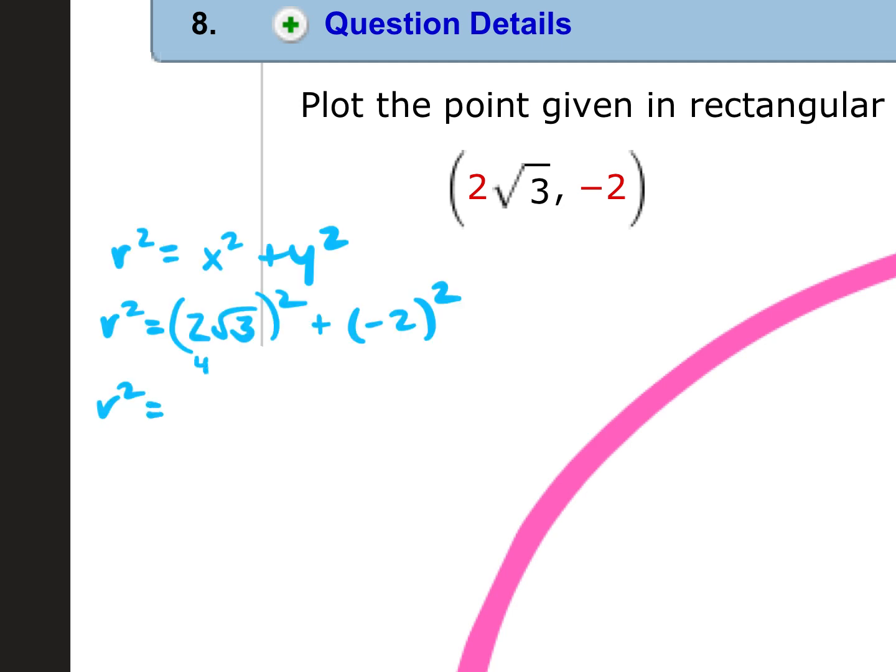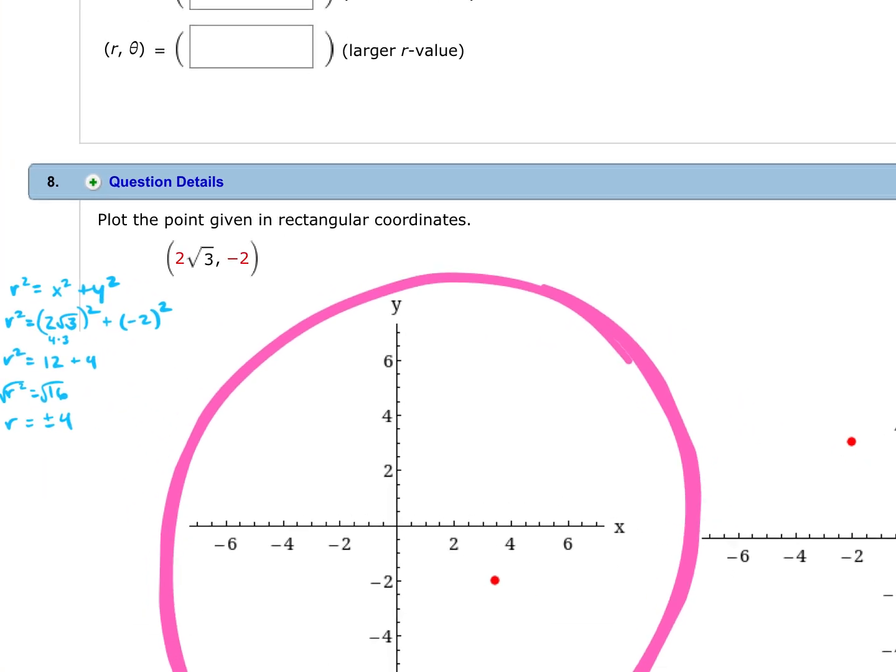So this would be 4 times 3, which is 12, plus 4. So r squared is equal to 16. So what is r? Plus or minus 4. Because we're going to come up with 2 points, let's say we have a positive 4 and a negative 4.